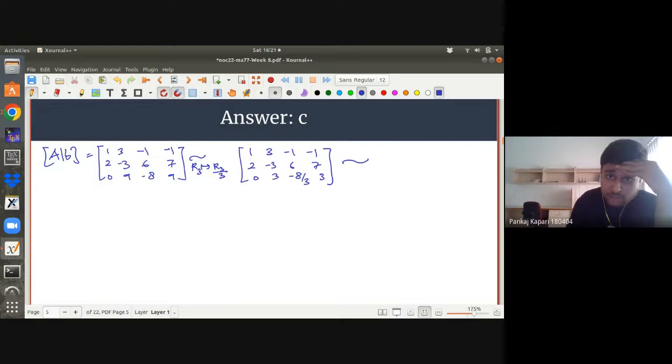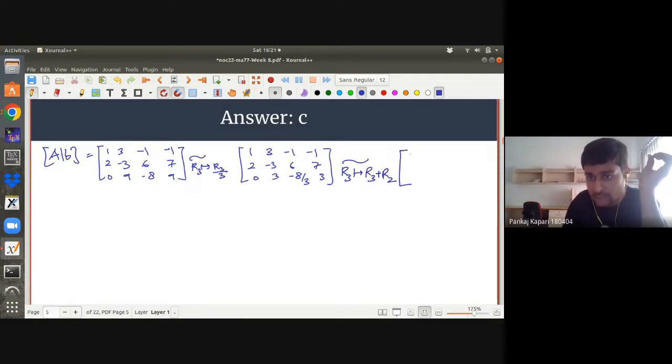Now you will notice that if you add these entries, basically we are not just adding entries, we are adding these two rows, then this will become 0. So we'll change row 3 to the sum of row 2 and row 3. But we'll get 1, 3, -1, -1; 2, -3, 6, 7.